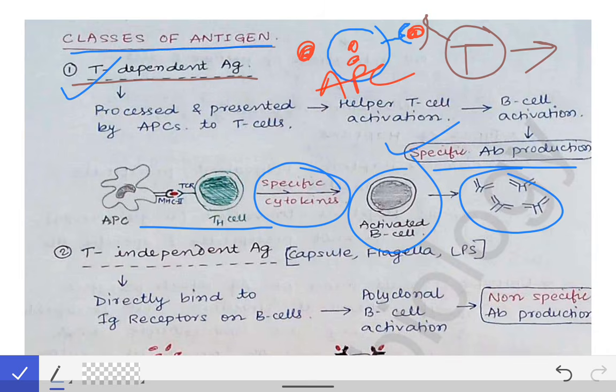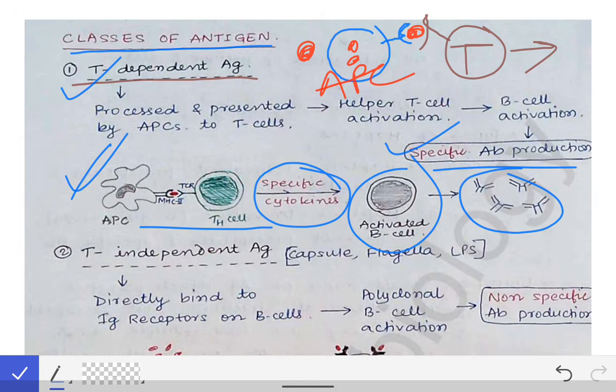Now this whole concept can be understood by an analogy. Suppose you are going to get some documents signed from your school. A number of students are going to get some documents signed by the school headmaster. Now there are different types of students in the school.